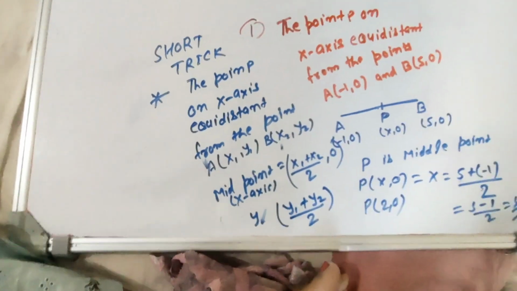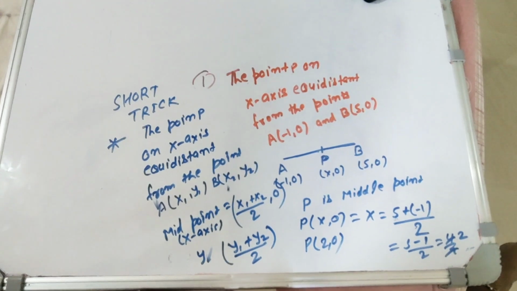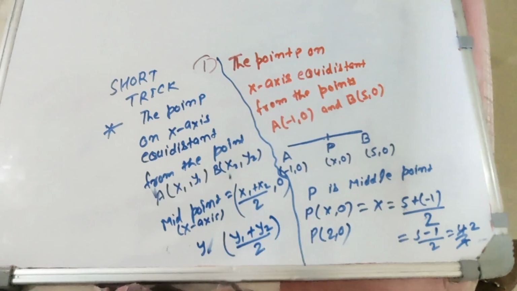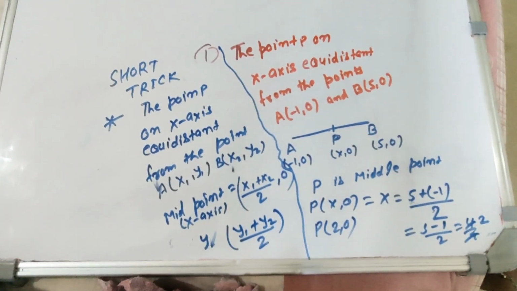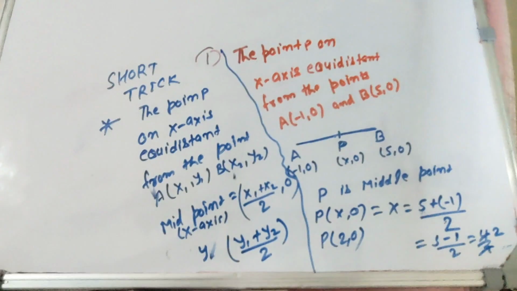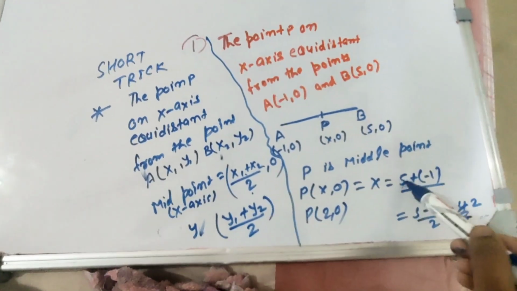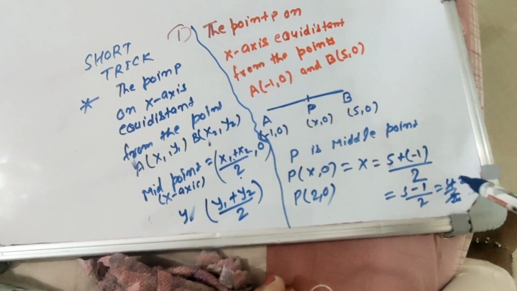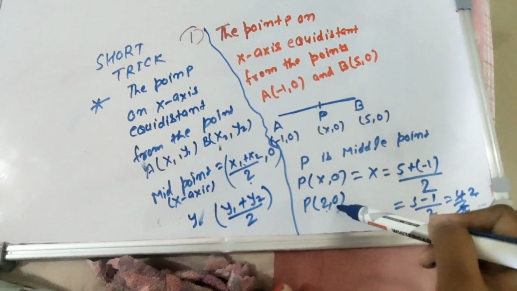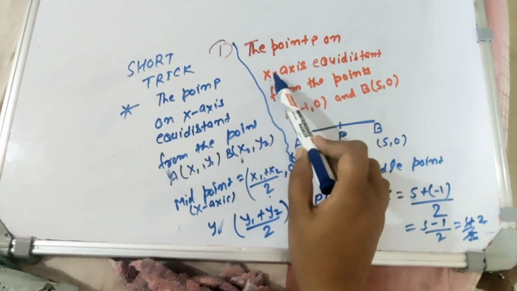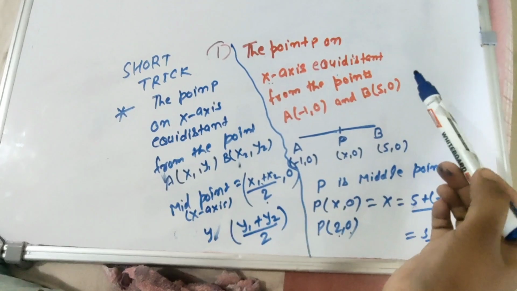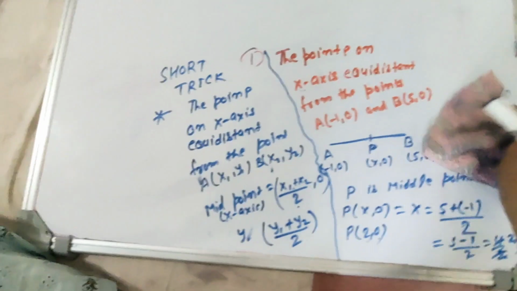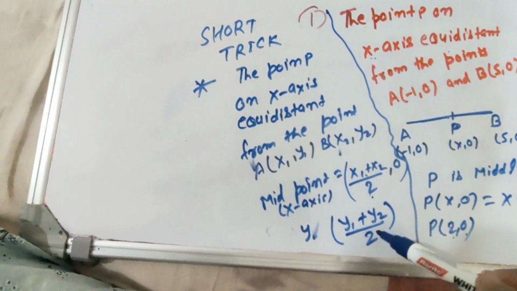Here you only need x1 plus x2 by 2: (5 minus 1) by 2, 4 by 2, which is 2. The answer coordinate is x equals 2, y equals 0, because this is only for the x-axis. If the y-axis is given, the coordinate is (0, y). If both x and y are needed, use the formula (x1 plus x2) by 2, (y1 plus y2) by 2.